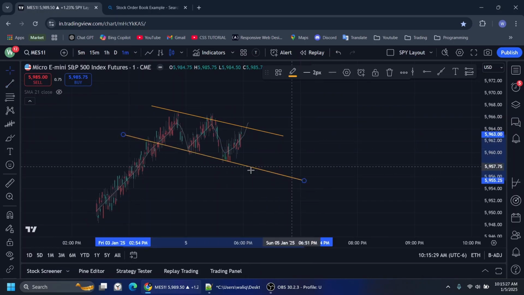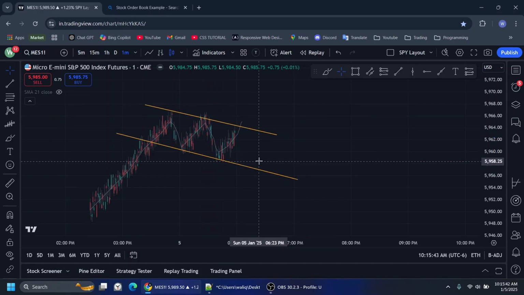So they sell some shares over here, they create a little retracement, and they buy back again. They sell again, they buy back again, to create this textbook bull flag, right?